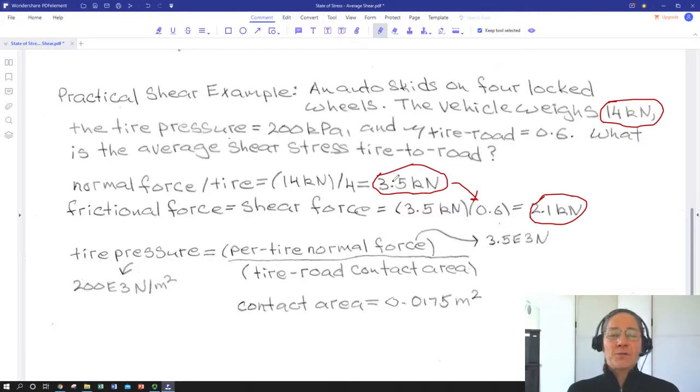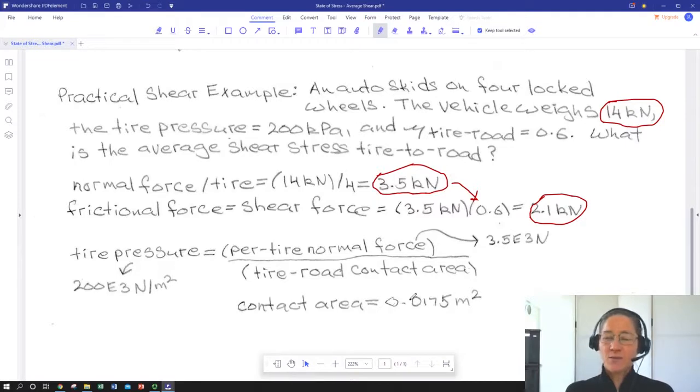So we know we have 3.5 kilonewtons of force divided by whatever the tire to road contact area is going to have to give us that tire pressure, that 200 times 10 to the third newtons per square meter. We can almost do this with a units analysis. So we have the force based on the 15 kilonewtons divided by 4, so the per tire force. So we just need the area, so we can just literally divide the force per tire by the tire pressure to get the contact area.